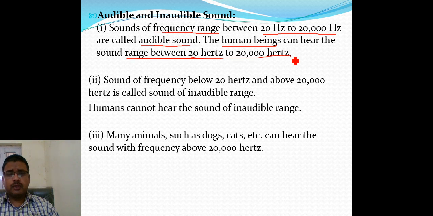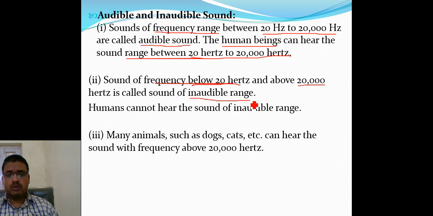Now, for the frequency below 20 hertz and above 20,000 hertz, the kind of sound is known as inaudible sound.